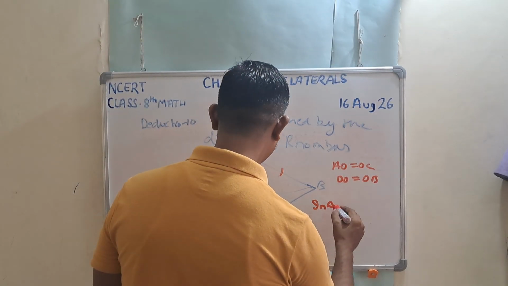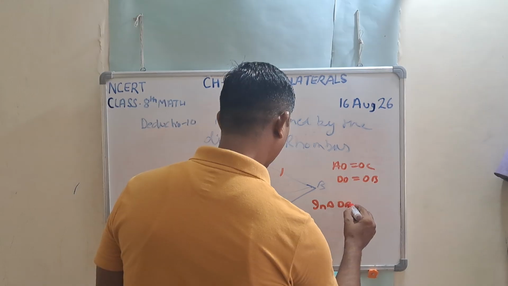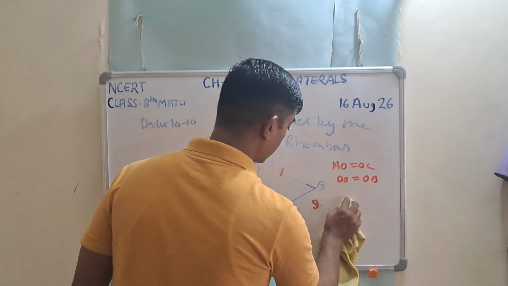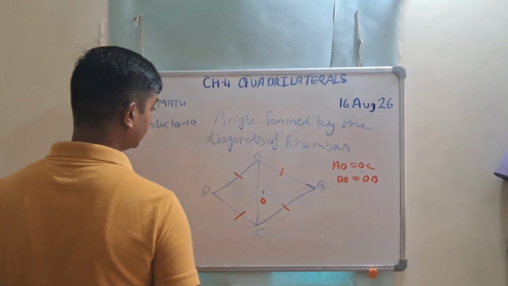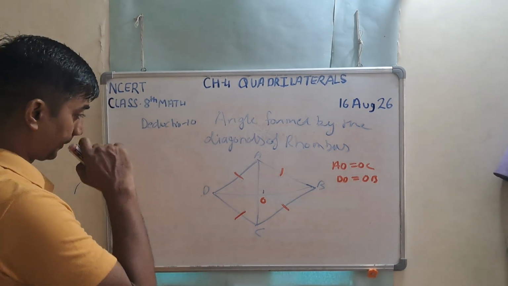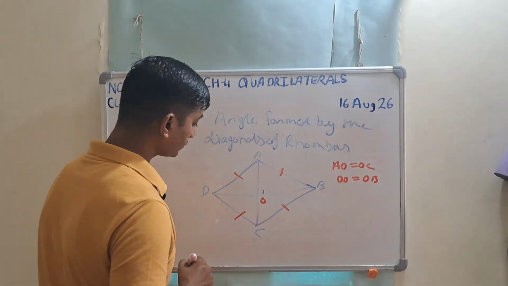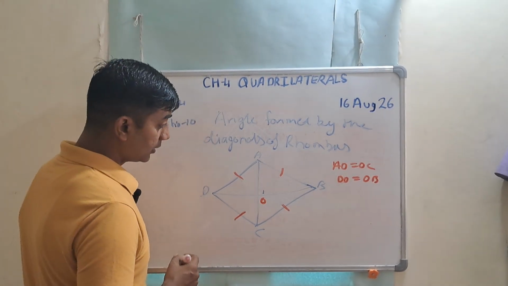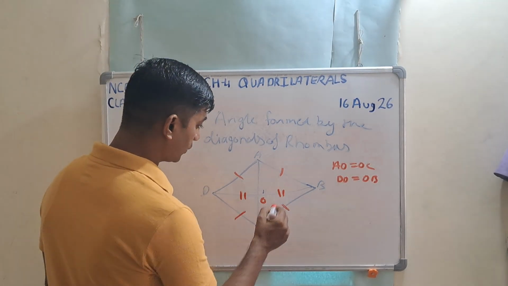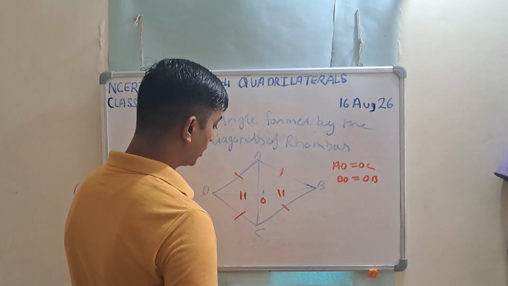In triangle DOC, now we know that these are equal, since DO is equal to OB.